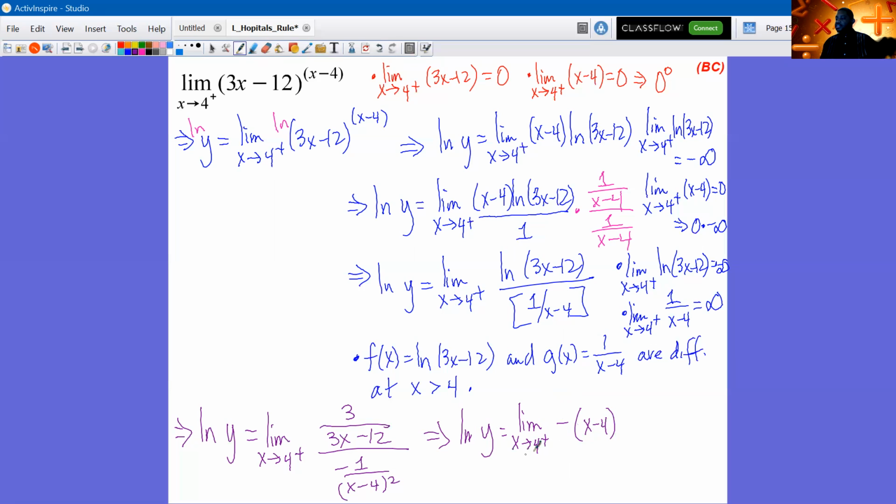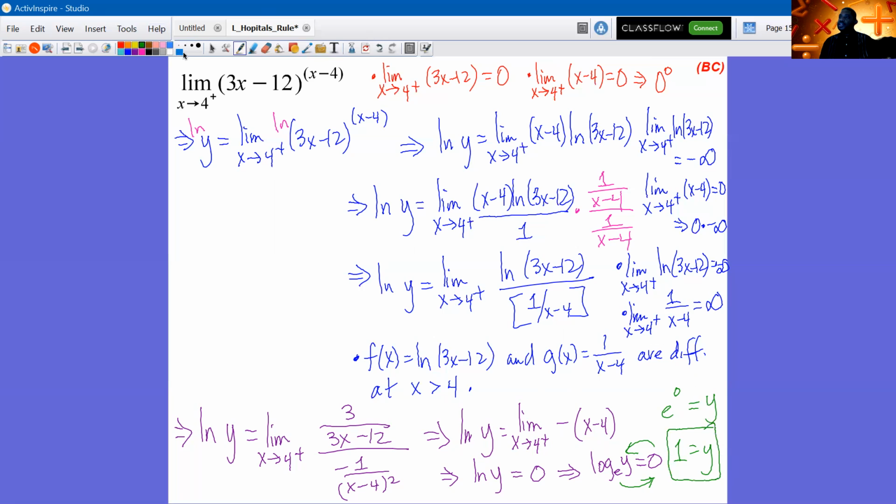And if you plug in the 4, you're going to get natural log y equals 0. But remember, you got to solve for y. So that's log of y base e equals 0. And when you write this in exponential form, you get e to the 0 equals y, which is 1 equals y. So the limit is 1.